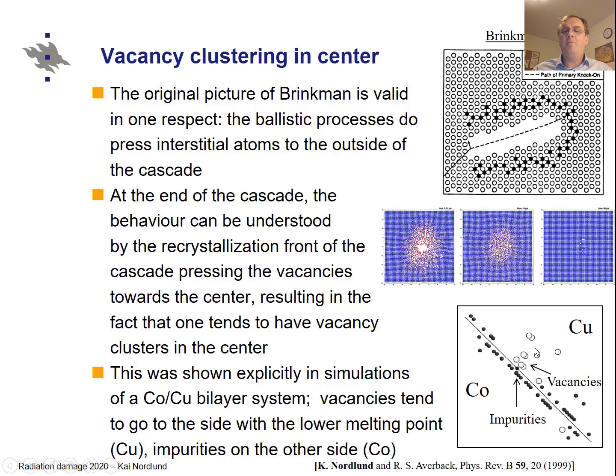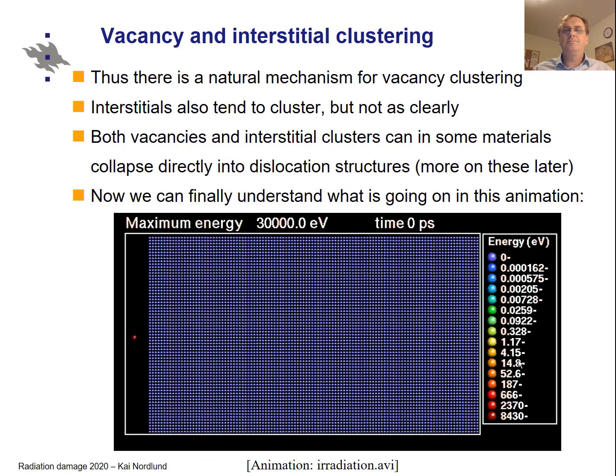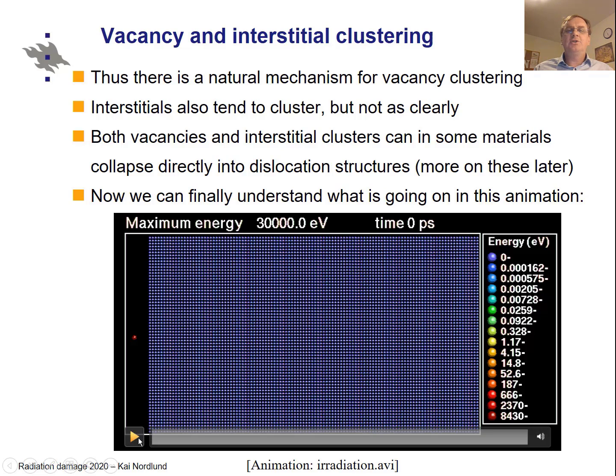In this case it was copper, so you can see an asymmetry at the interface, which really proves this point that vacancies are pushed towards the center. And this also explains why vacancies tend to cluster, because they are pushed towards the center and then find each other there. But interstitials may also cluster, but the effect is not as clear.